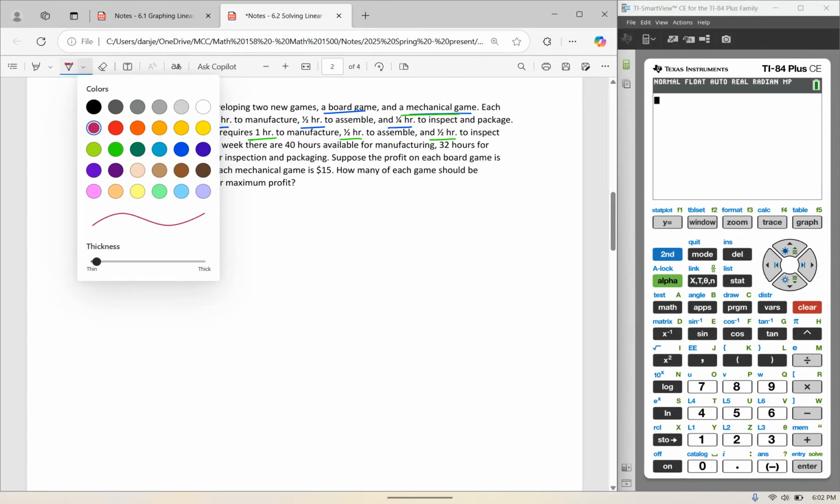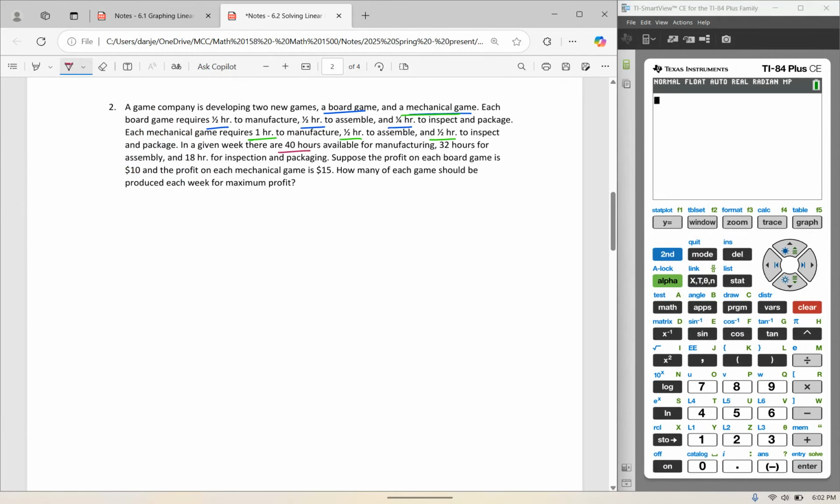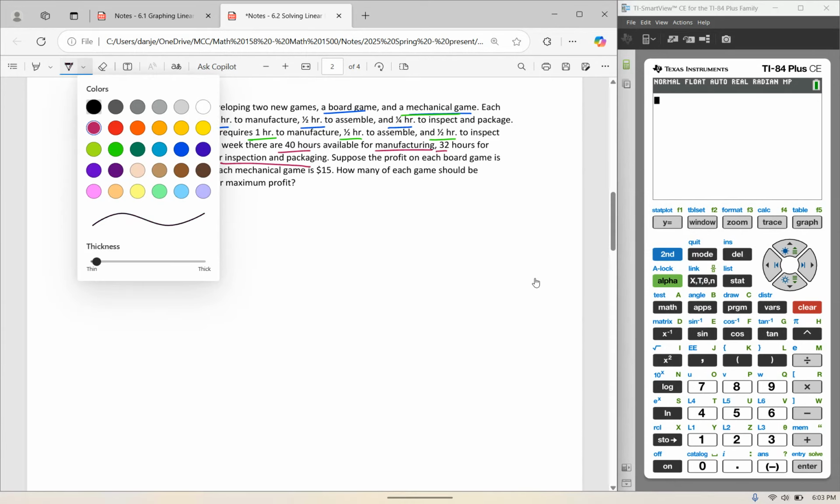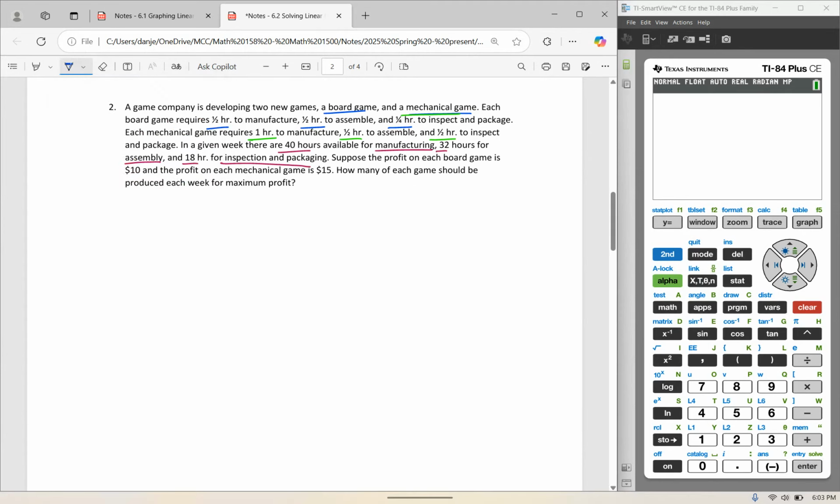In a given week, notice that there are 40 hours available for manufacturing, 32 hours available for assembly, and 18 hours for inspection and packaging. Suppose the profit on each board game is $10 and the profit on each mechanical game is $15. How much of each game should be produced each week?